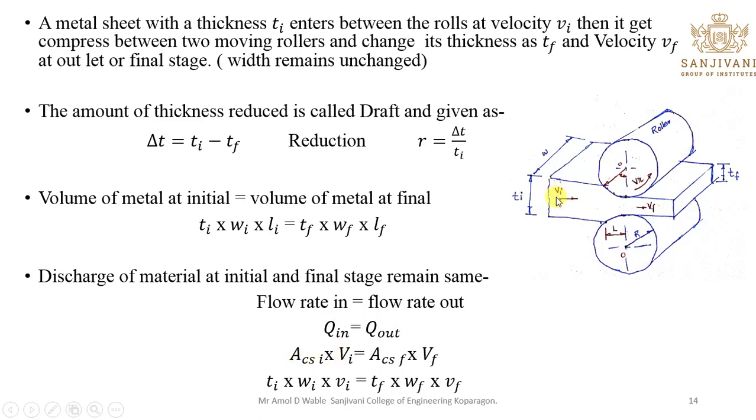So we have the velocity, we have the cross sectional area for initial value, and for final this will be the cross sectional area, where Tf is going to change. Due to that, the area is going to change, and even velocity of final will be changed. So you can write this further as Ti, T initial, that is thickness initial, into width initial into velocity initial, which is equal to T final into width final into velocity final.